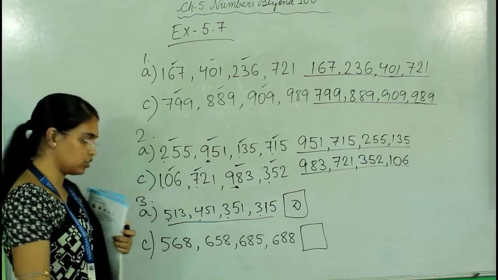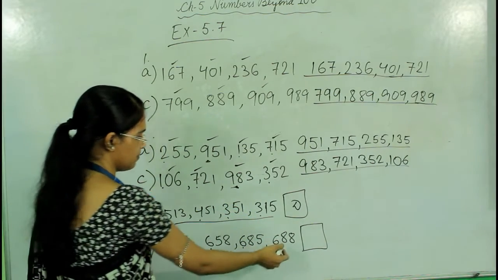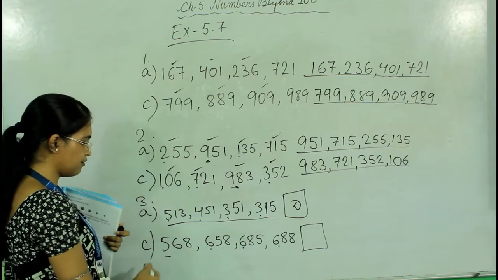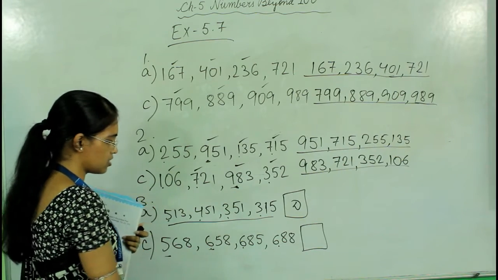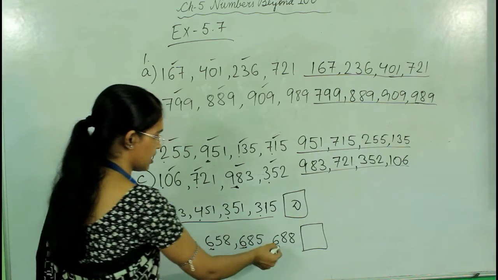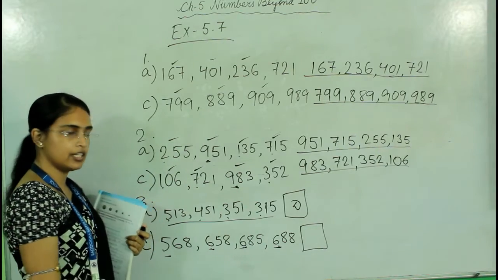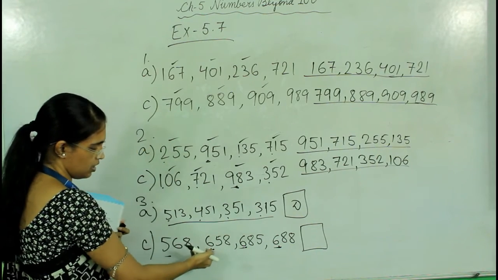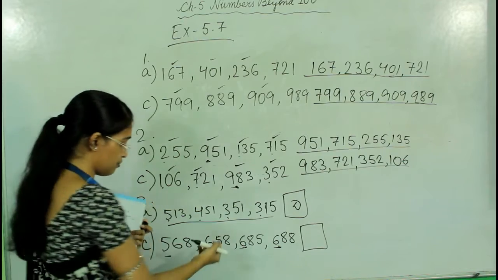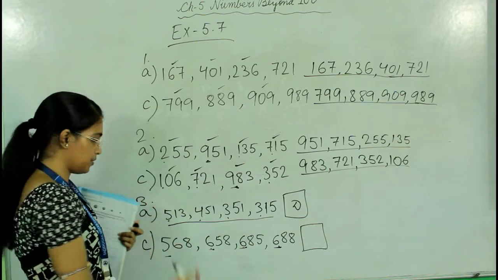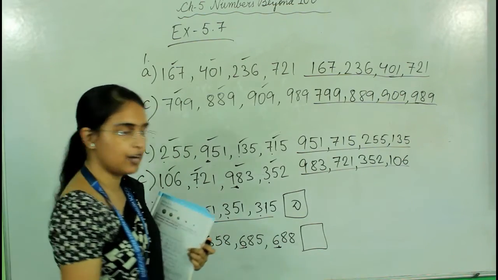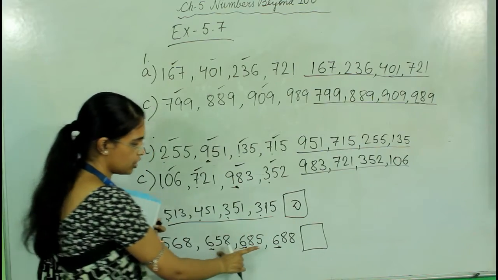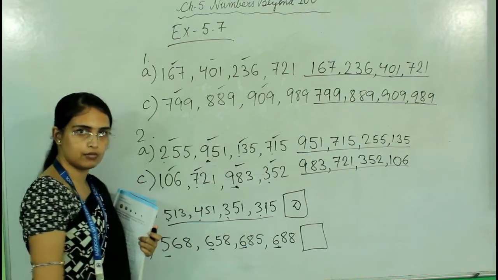So for that, first check the hundreds place of each number. Here we have 5, here we have 6, here we have 6, here we have 6. So we cannot identify because these three numbers have 6 in the hundreds place, right?